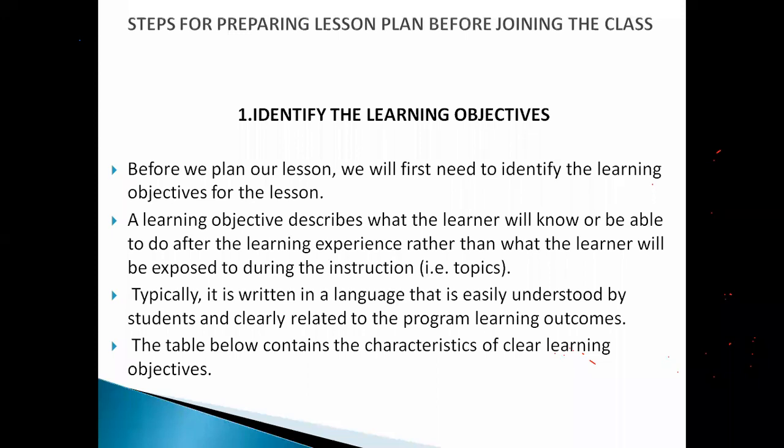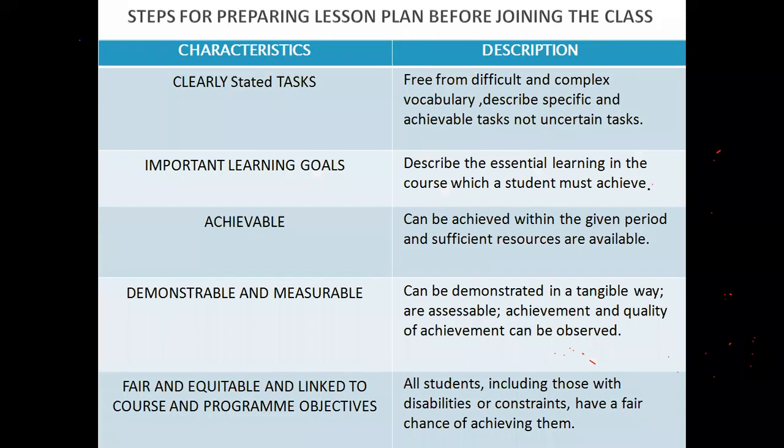The table given below shows the different characteristics of clear learning objectives. Let's see it. We have two columns, characteristics and description. Properties of learning activities: it must be a clearly stated task. Important learning goals must be there.